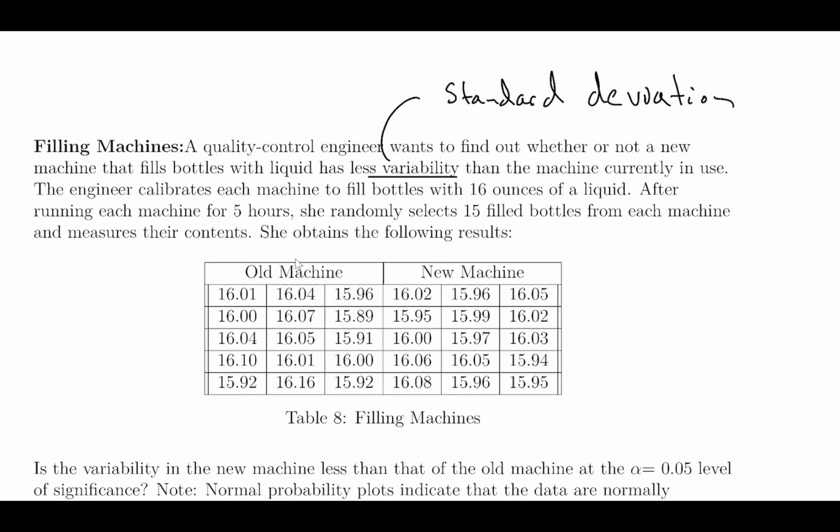If you remember all the way from chapter 3, when we first introduced standard deviation, it is a way to measure variability. So if something has variability, the best way to measure it is by its standard deviation. So for this one, what are my two populations?